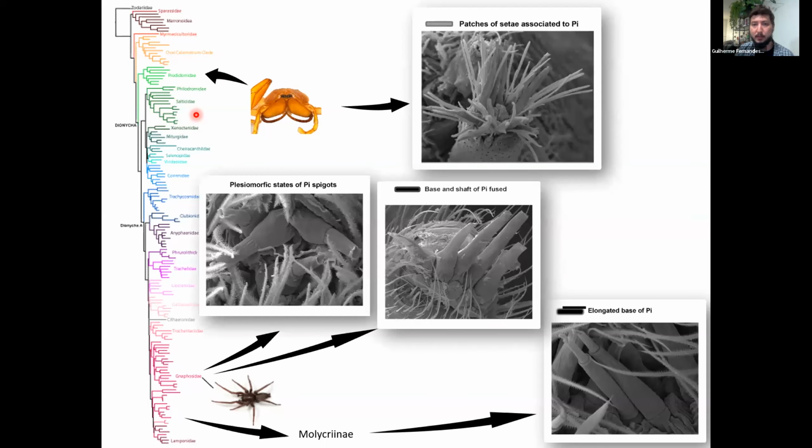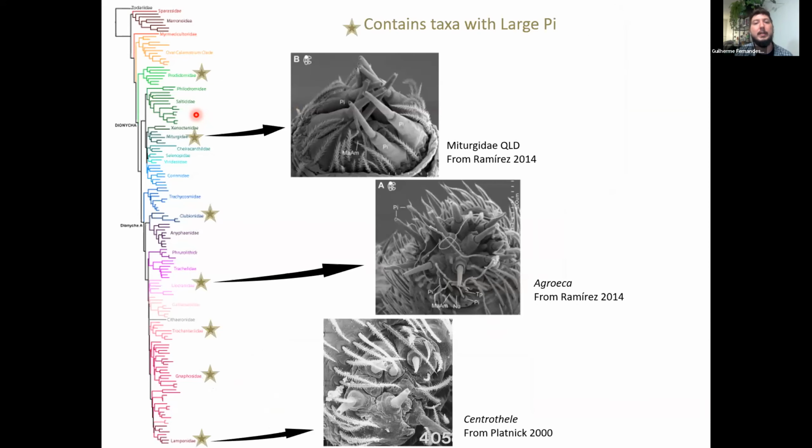So we have this evolution of the enlarged piriform gland spigots evolving several times. And this is not so weird, because we have other kinds of enlargement of piriform gland spigots in other dionychan groups.